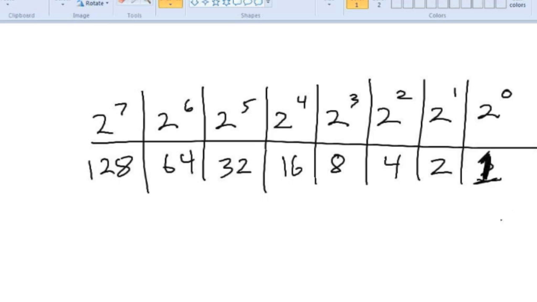Remember, you just got to start right. I almost messed that up. You got to start at the right number, and the right number is 1, and then double that value.